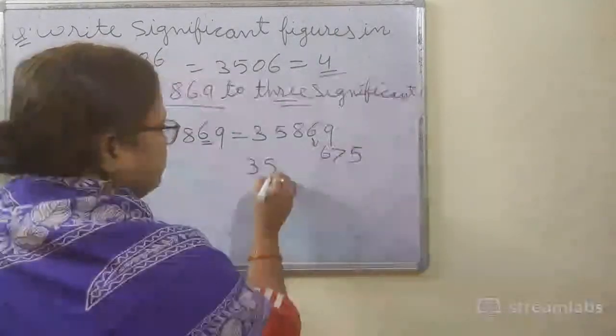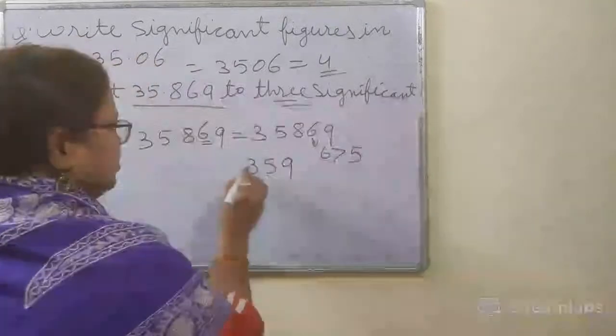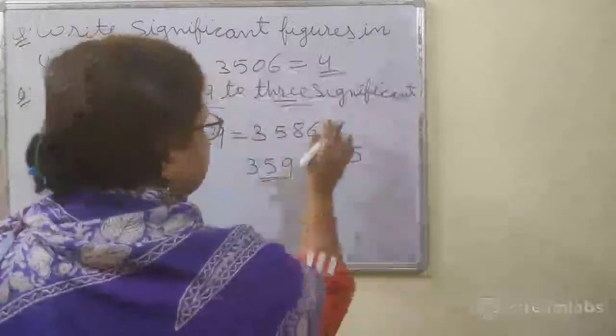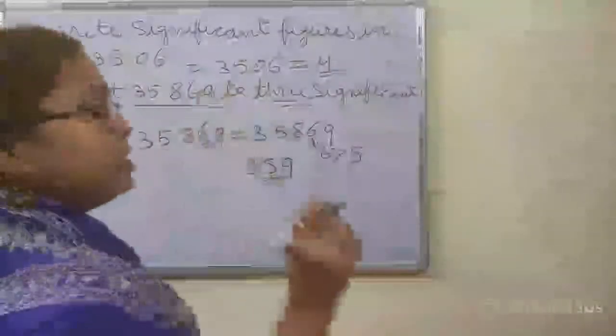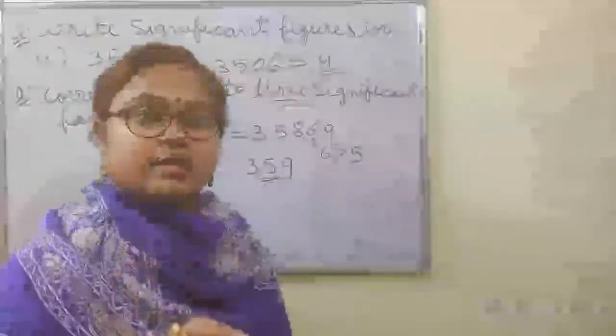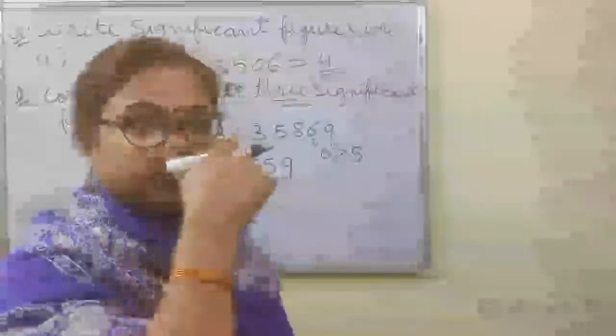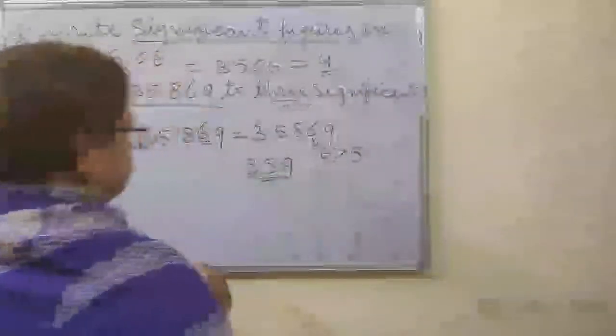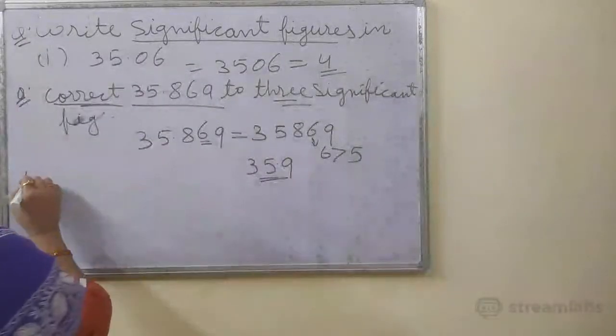So your answer will be 35.9. Clear? It is not asked about the number of significant figures. It is asked to correct. That is the difference. Earlier it was asked about significant figures, and we had to count them. Here it is asked to correct this to 3 significant figures. So like this we will write the answer. Okay. Now next.